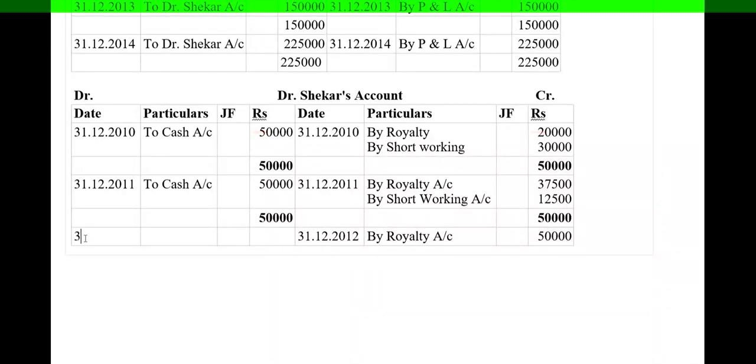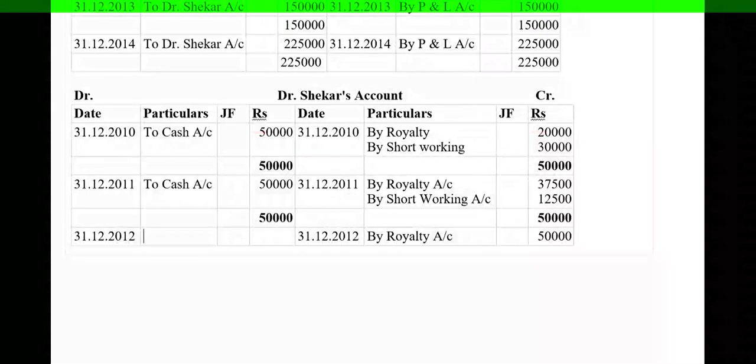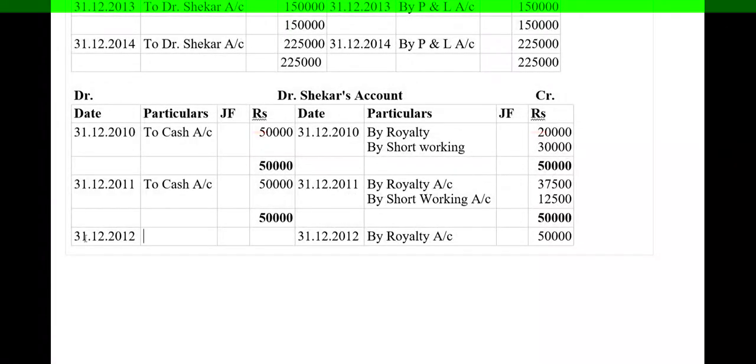When this is paid on 31st/12/2012, the entry will be Shekhar's account debit to cash account, or bank account also. So amount paid is rupees 50,000. So now let's take the total here.